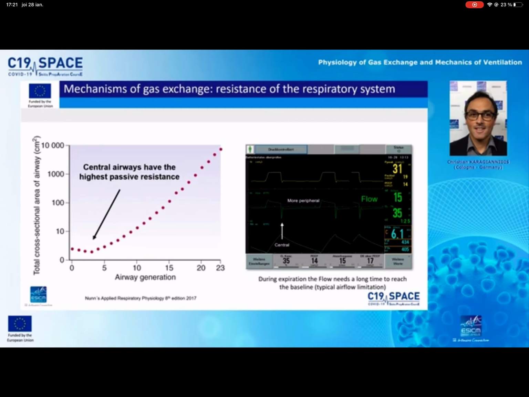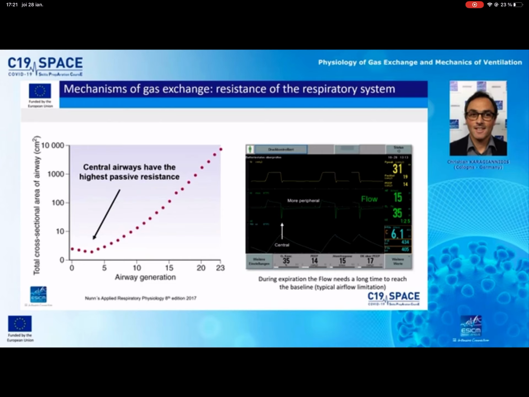And although the central airways, trachea and the main bronchi have the largest diameter in our airways, they have the highest passive resistance since the cross-sectional area is much wider in the terminal bronchioli and alveoli. So please keep in mind that if we talk about central airflow obstruction, we usually talk about the main bronchi and the trachea and not about the peripheral airway or alveoli.